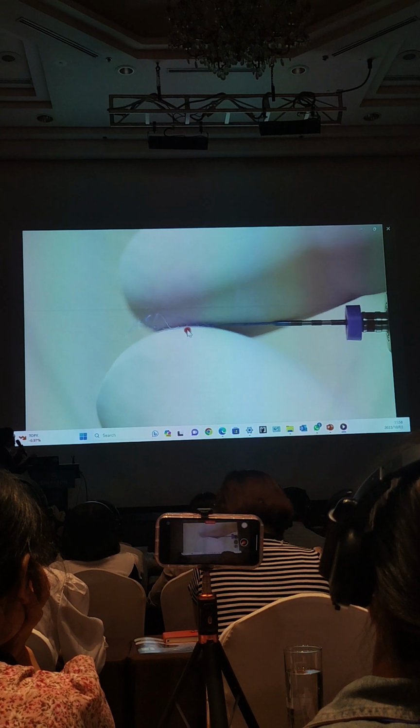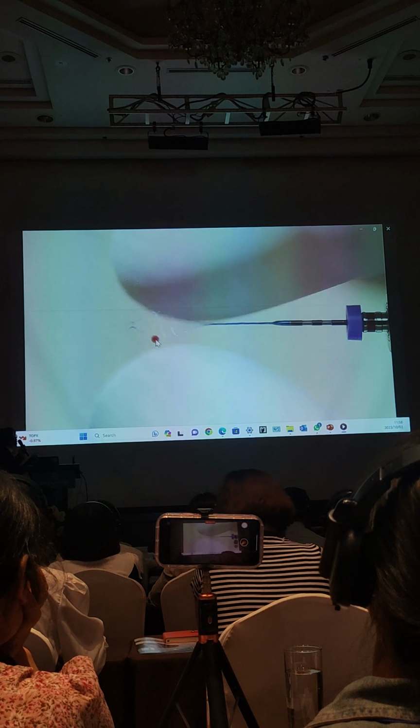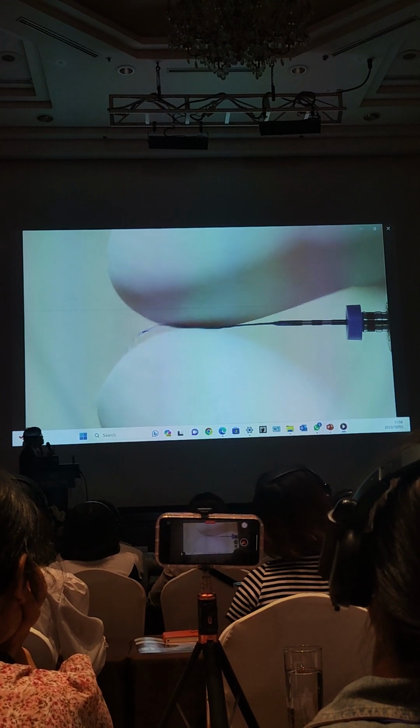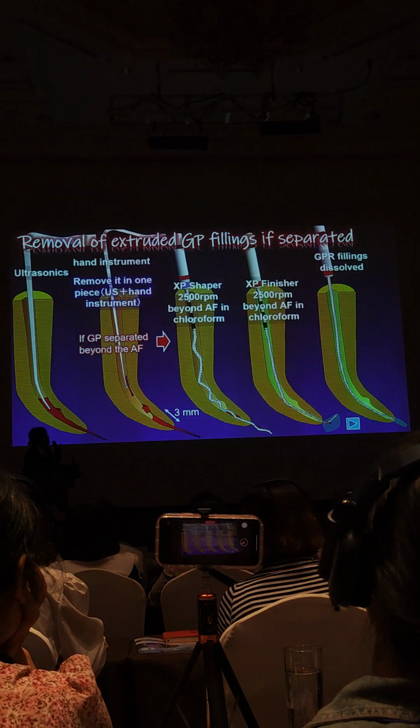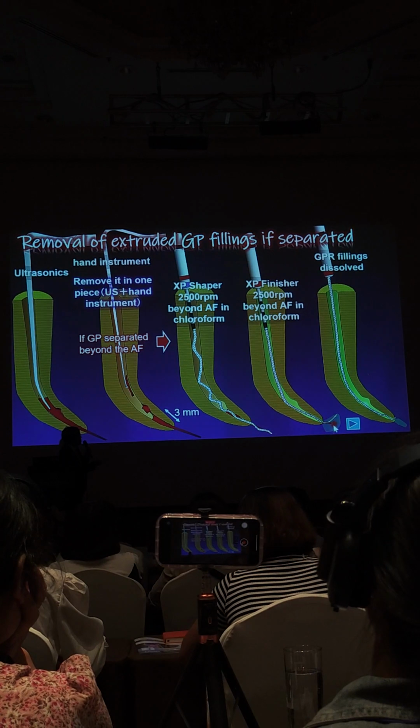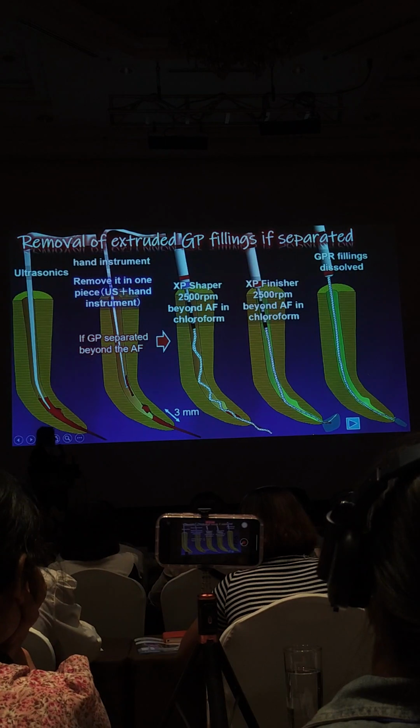If you compress it, it will expand beyond the compressed point, like this. So if you use the XP Finisher beyond the apical constriction, it will expand like this. And if you have gutta-percha around the apex, you will take it in.